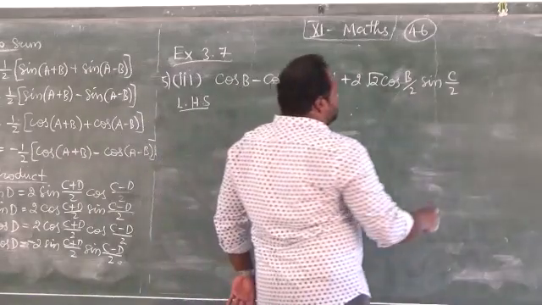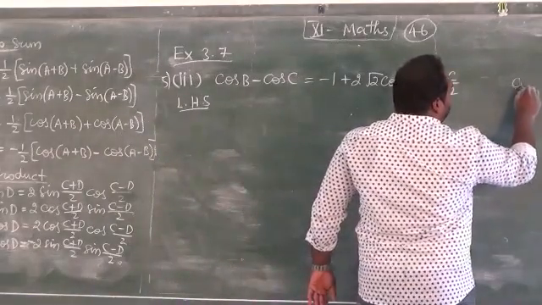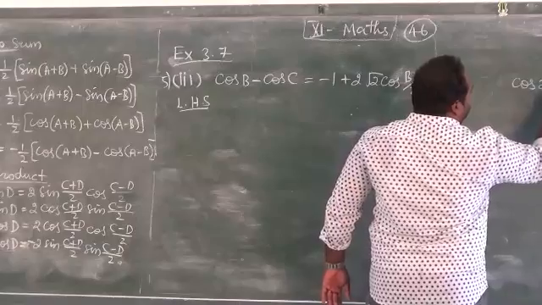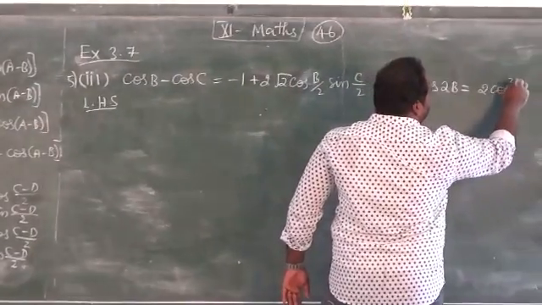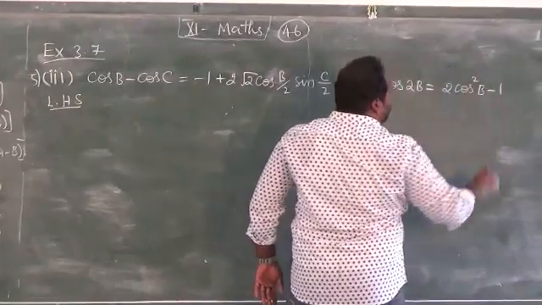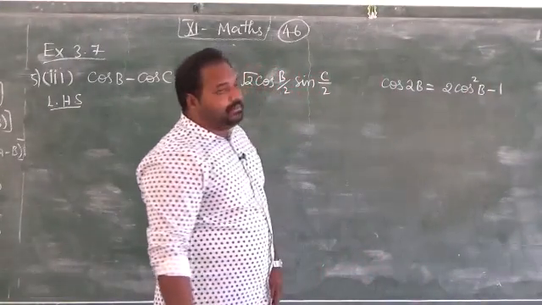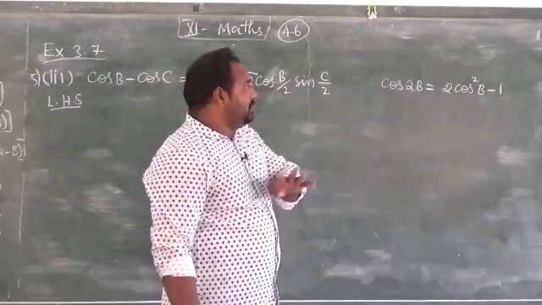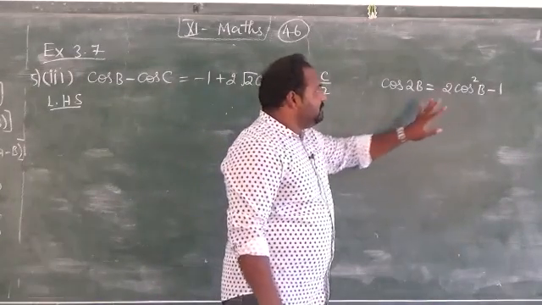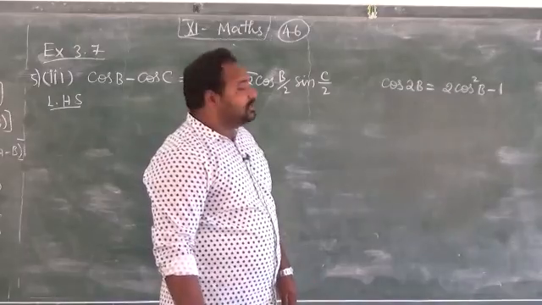So cos 2B can be written as 2 cos square B minus 1. I told you already, we have 4 formulas here. I am going to use this formula for cos 2B.